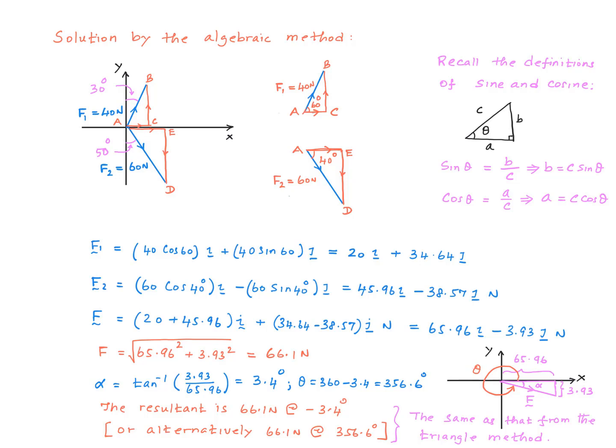Theta here, which is the angle measured counterclockwise from the positive x-axis to the vector f, works out to be 356.6 degrees.